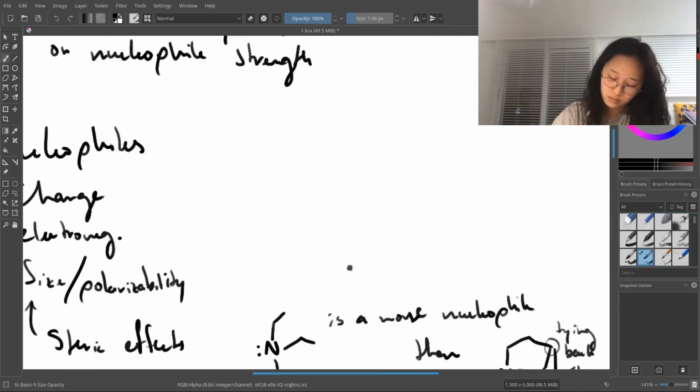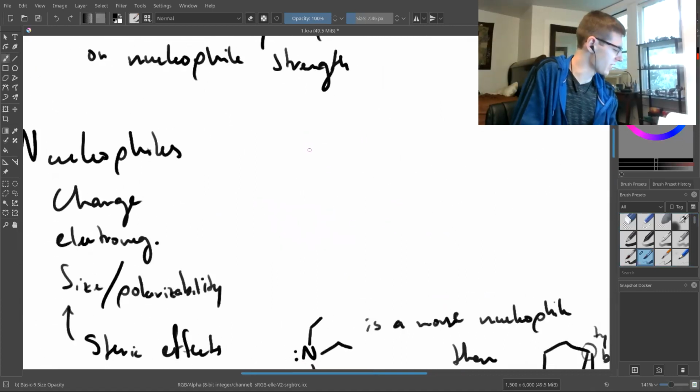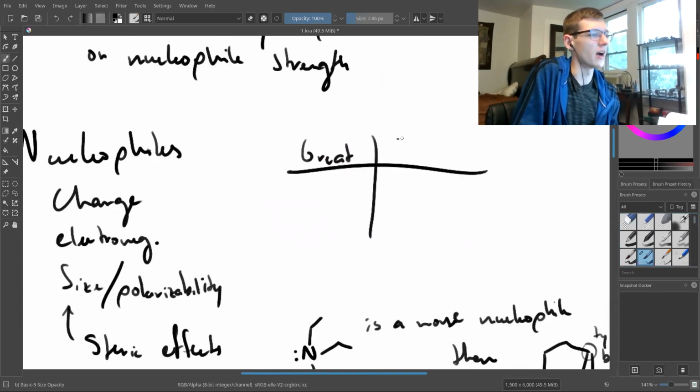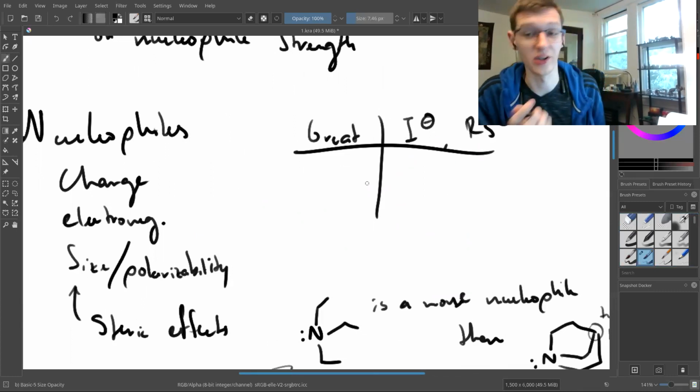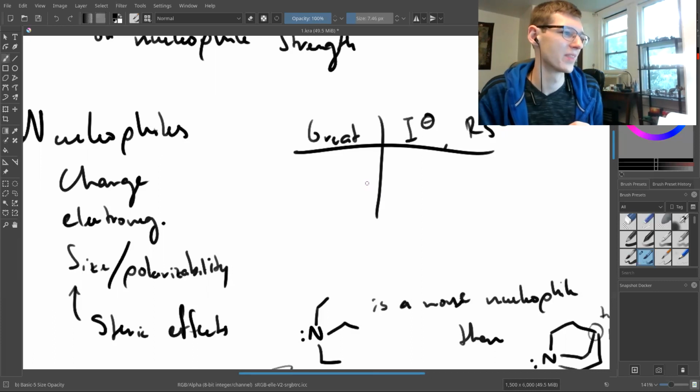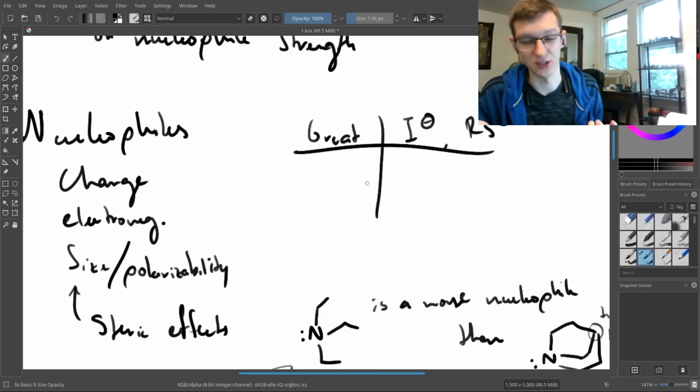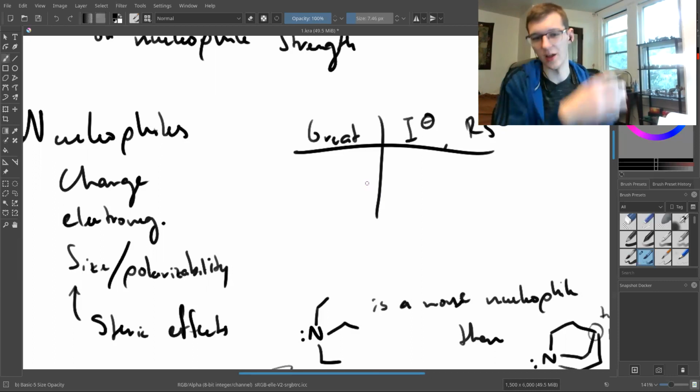Yeah, anyway, so we wrote this table that was like, okay, here's some great ones, right? Iodine is really good, and then these things with sulfur, right? These sulfur anions, those are really good too. They're pretty big and polarizable and electronegative. Yet the rest of the molecule can be pretty small.